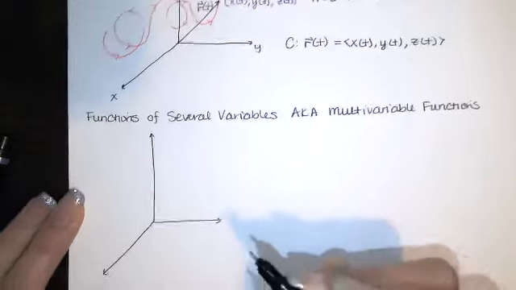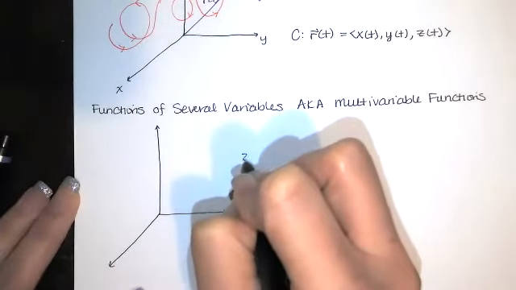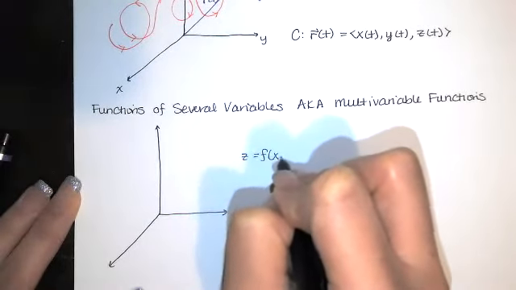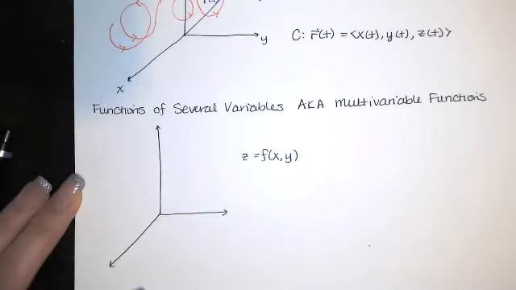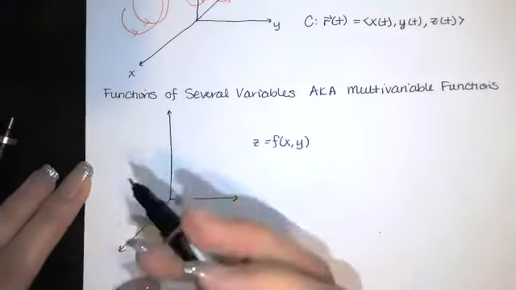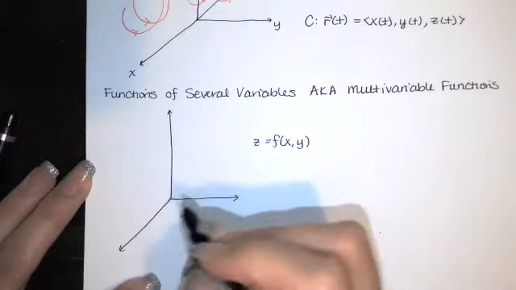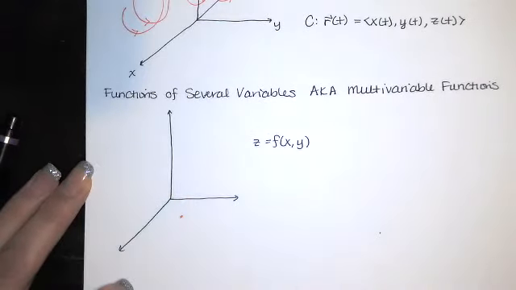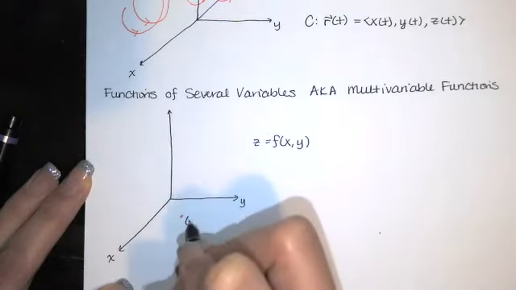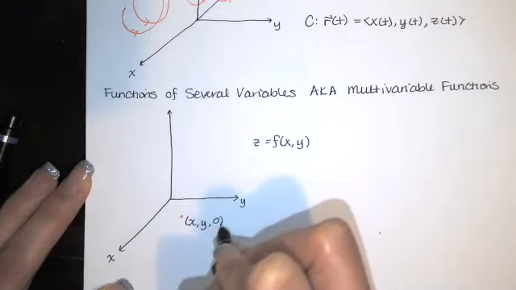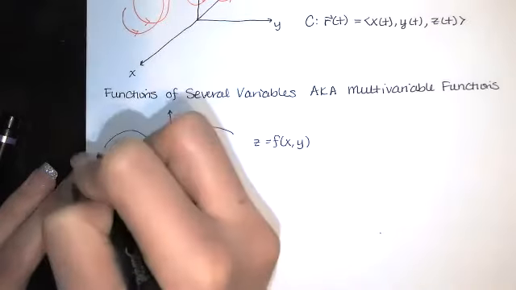Now for the most part, we stuck with functions of two variables. So we'd have z equals a function of x and y. So every x, y in the domain down here, so maybe this is x, y, and z equals 0, maps to a point.